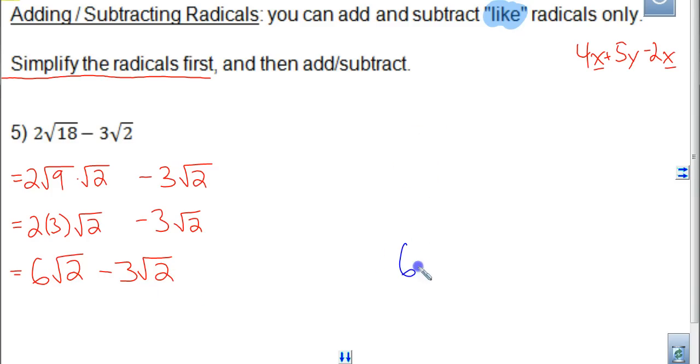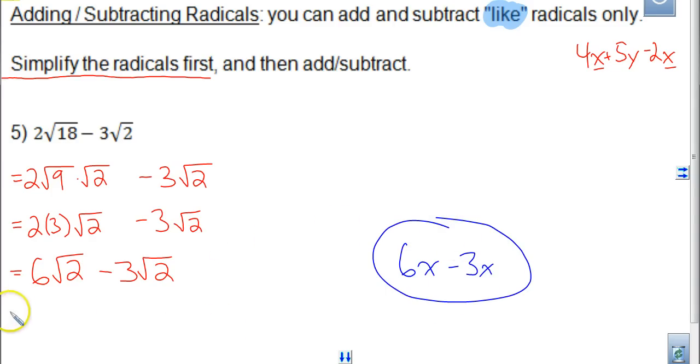And just think of this as, what is 6x minus 3x? Okay, it's the same sort of idea. So you're just subtracting the coefficients, which will give you 3, and nothing happens to the radical, just like nothing happens to the variable when you're adding or subtracting. So it's just 3 root 2.